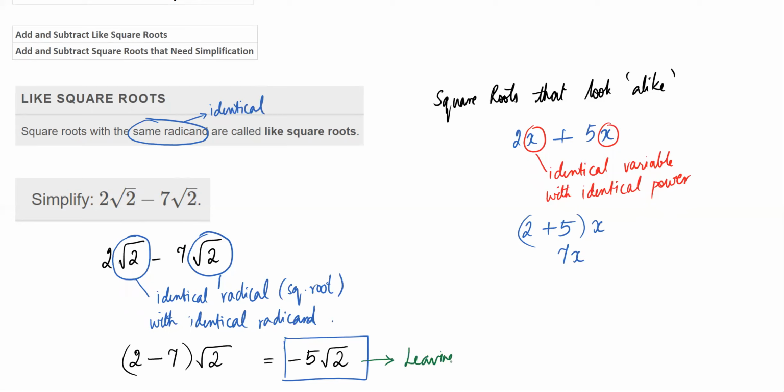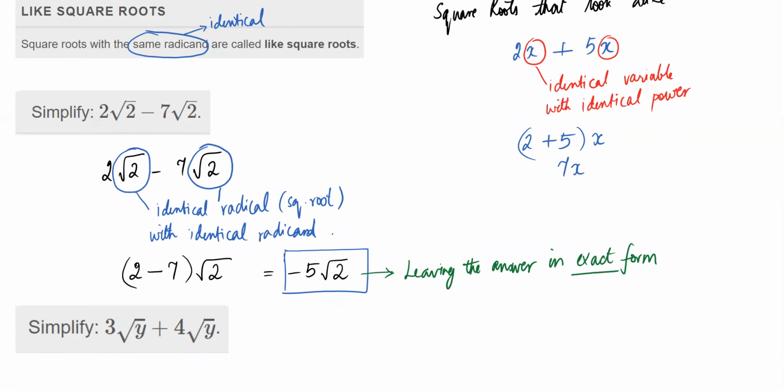Leaving the answer in exact form. Okay. If we have to use the calculator on this one, then the question must have directed us to do so, and in which case it will tell us how to round it to 2 or 3 decimal places and so on. Otherwise, we just leave them in the exact form, which is not approximating it.